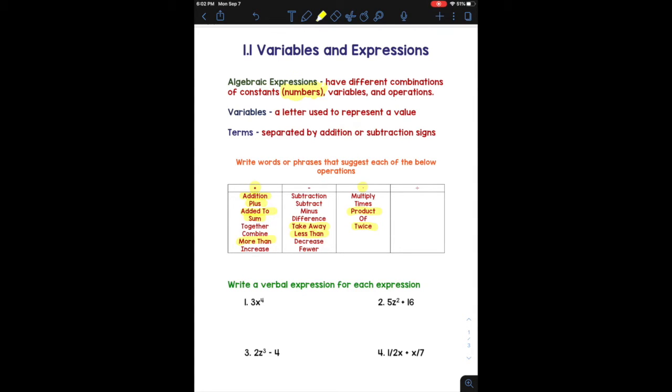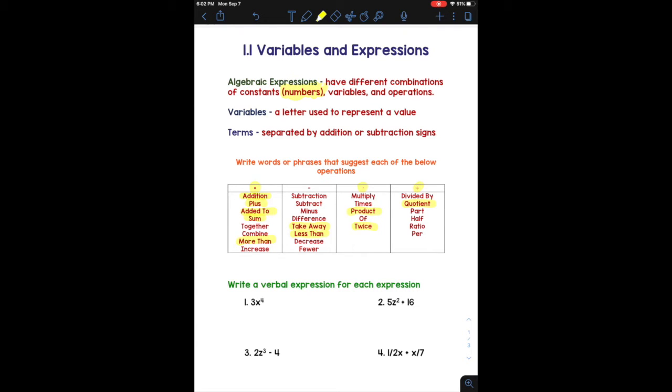And our last operation here is our little division sign. And here are the words that would mean divide. We have divided by, quotient, part, half means divide by 2. Ratio is a fraction, also refers to division. And the word per. The most common word here that you gotta look out for is quotient.